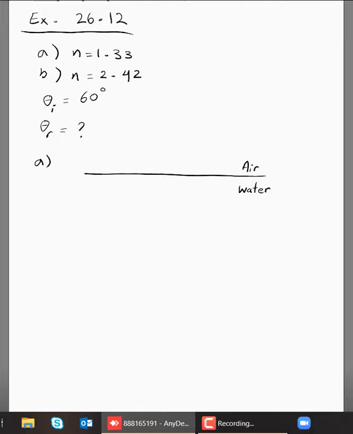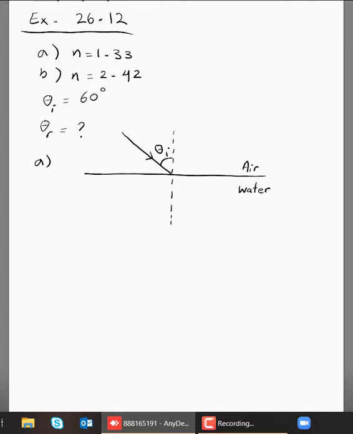Let me just visualize the problem for you. In the first part, we have air and water, and I draw the normal. The light is entering with theta I here. The angle is relative to the normal.